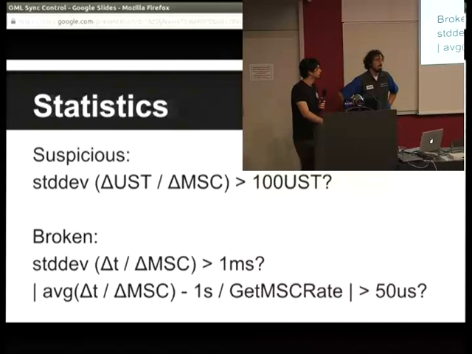We could probably even set the threshold lower than that. But also, if the average time between MSCs is dramatically different than the amount of time you'd expect given what the refresh rate is supposed to be, then that's also a pretty strong hint that something's gone wrong.